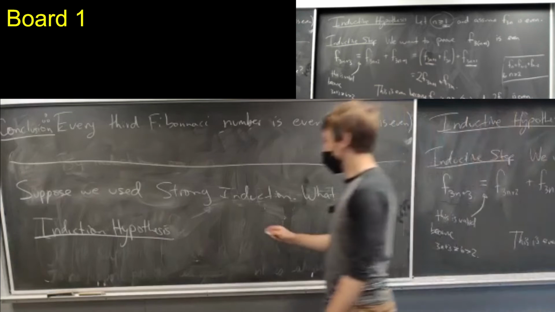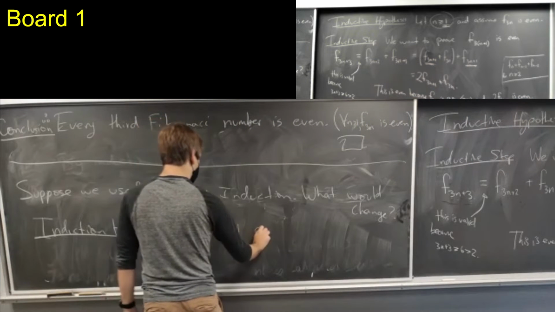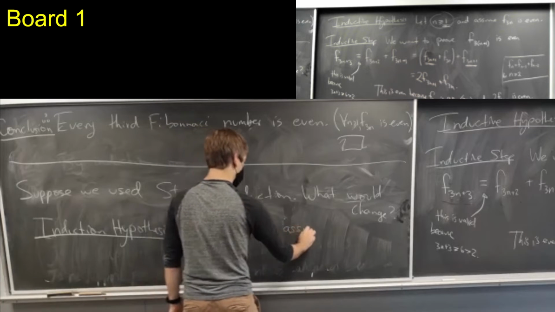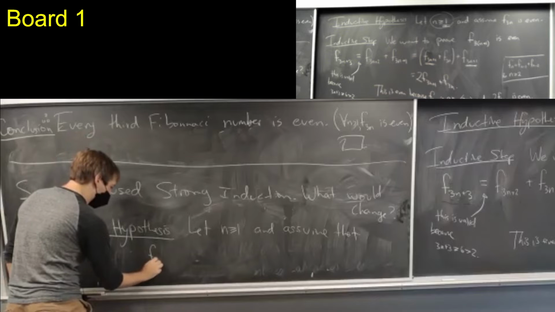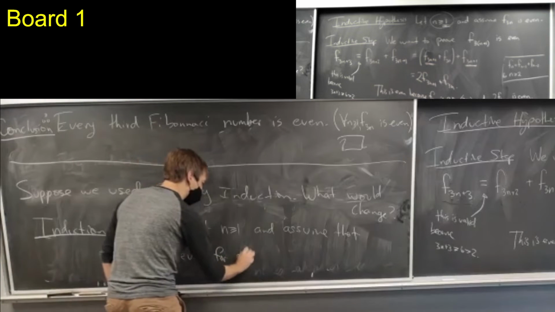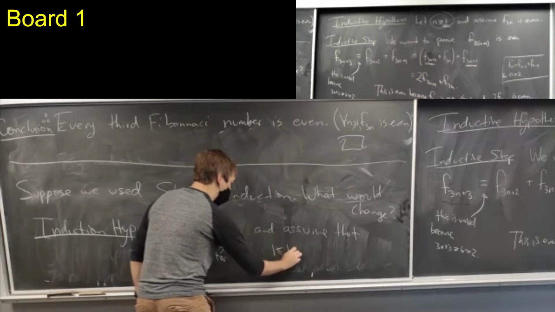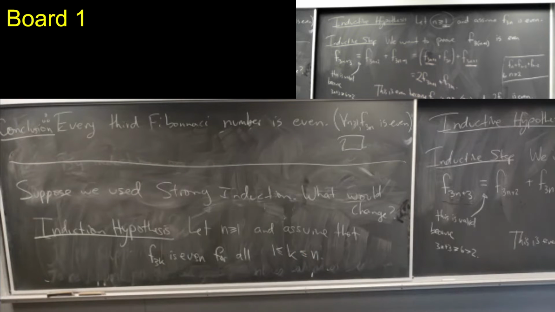If we were doing strong induction, we would say let n be at least 1 and assume that f of 3k is even for all k between 1 and n. This is the main change that you would have in strong induction.